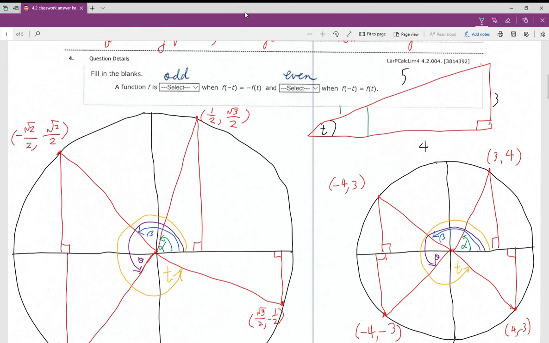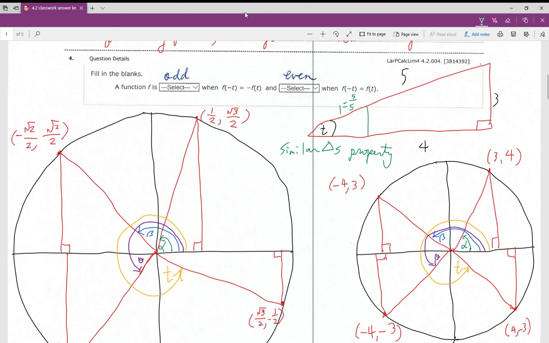Now, how do you get the 1? Because you use 5 divided by 5. Now, the similar triangle property guarantees that if you divide the hypotenuse by 5, it becomes 1.